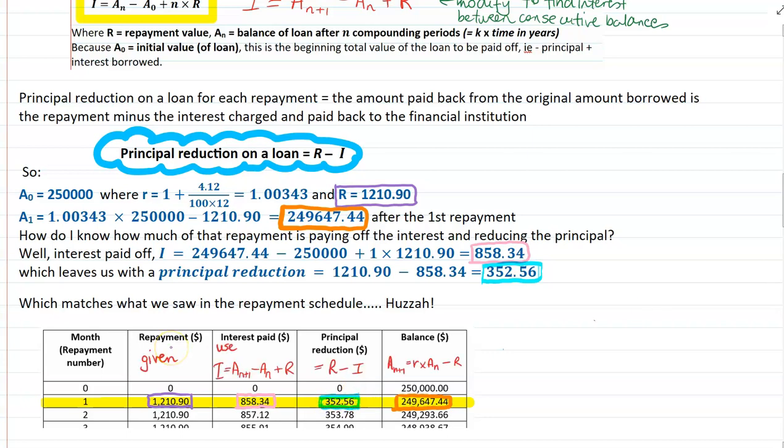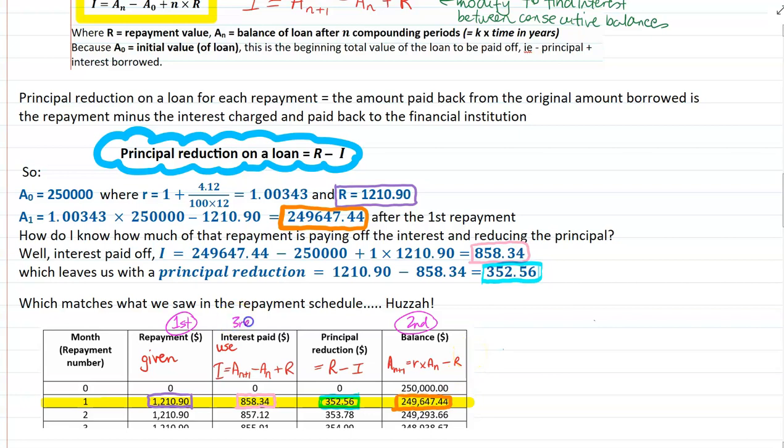So if we had to work out a repayment schedule for the first couple of months or the first couple of repayments, depending on how often you have to repay them, the first thing I would be putting in is the repayment. The second thing I would work out is the balance column on the loan. And remember, that's simply using the given recursion formula for reducing balances.